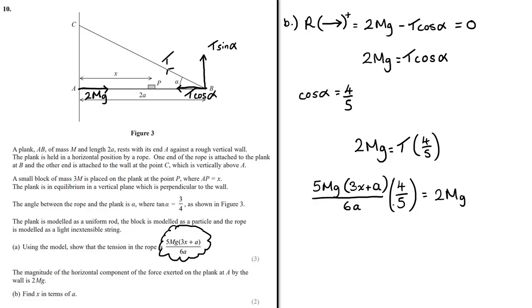Yeah, it's definitely not nice. Multiplying these two fractions together, I get 20mg times (3x plus a), all over 6a times 5, which gives me 30a. And that's equal to 2mg.